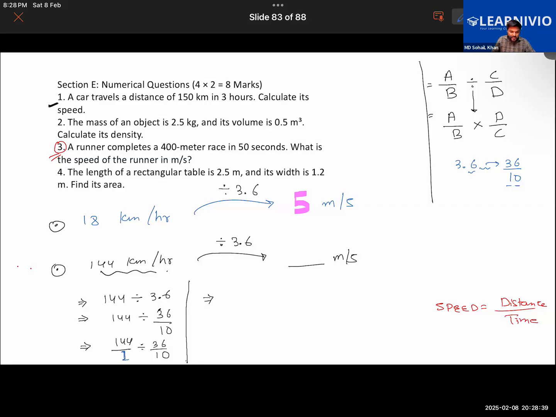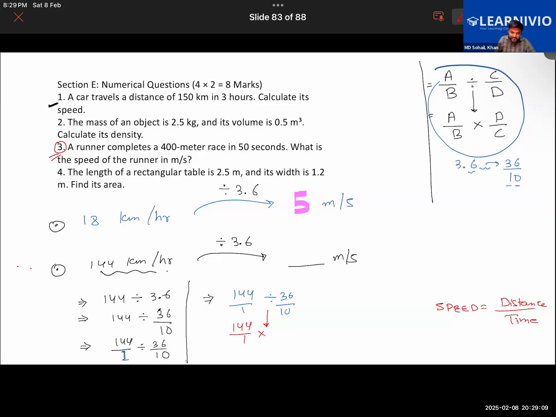Okay. Just hold on 1 minute, Rizan, I will get back to you. So 144 upon 1 divided by 36 upon 10. From here on, we follow this. Fatima, tell me the sign of division, I will be changing it to multiplication.